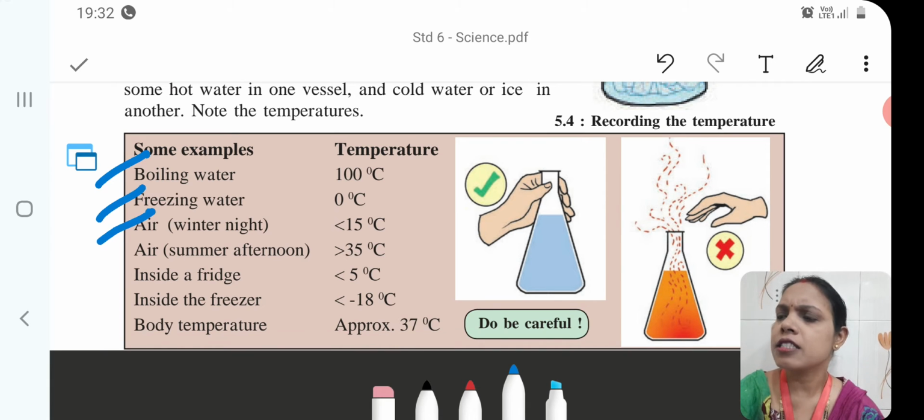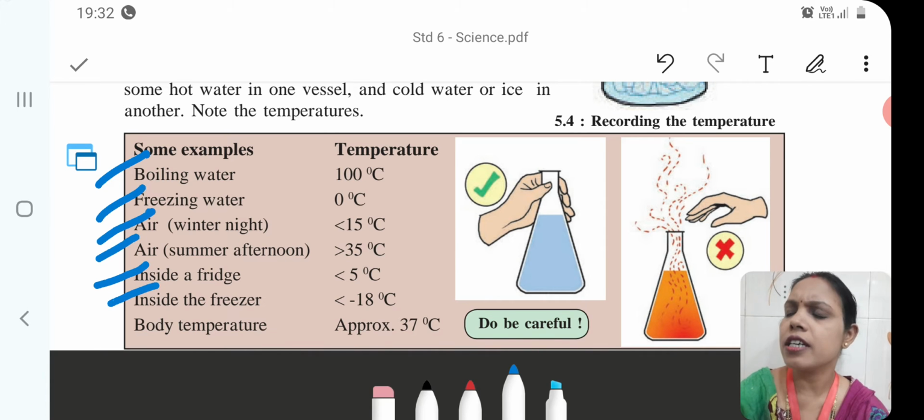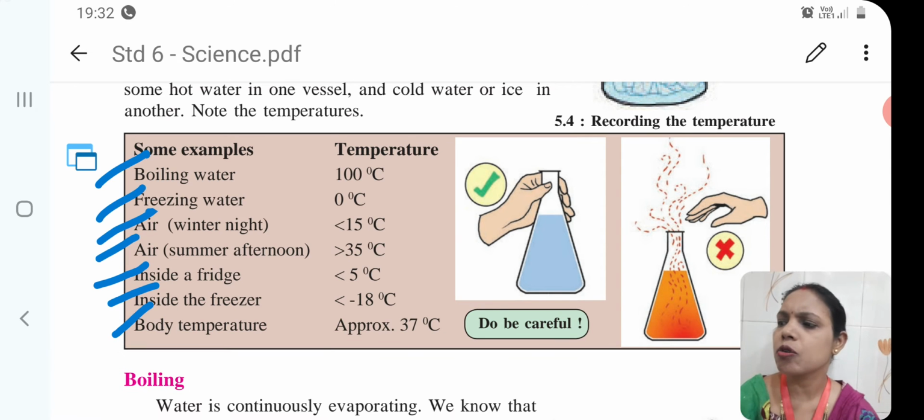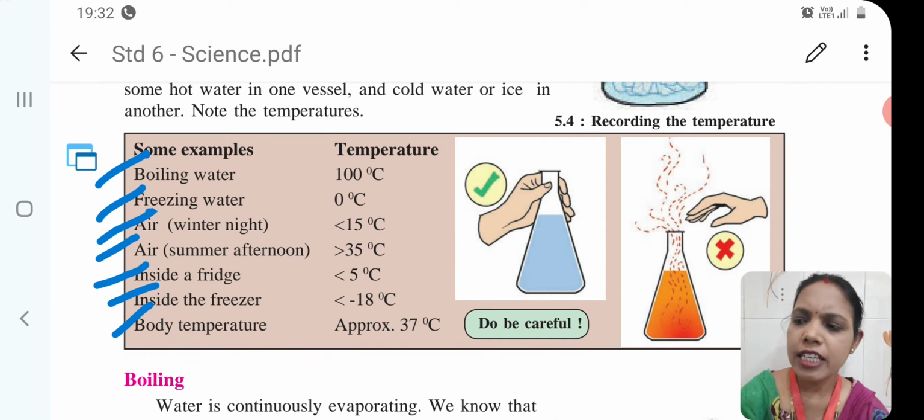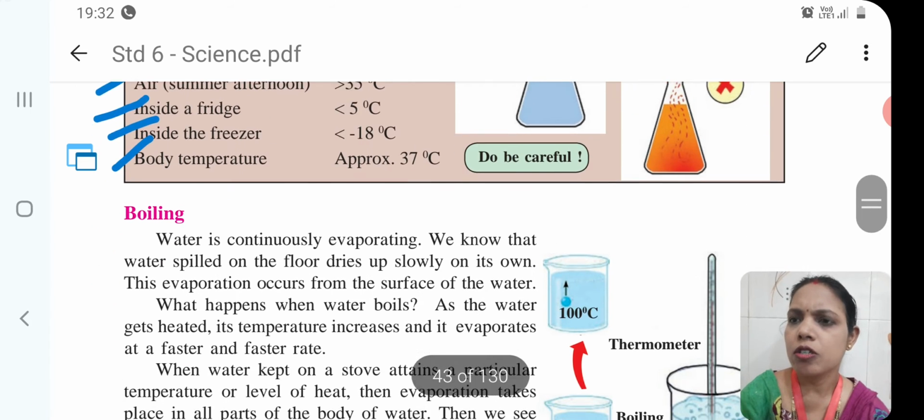Air in a summer afternoon, greater than 35 degrees Celsius. Inside a fridge, less than 5 degrees Celsius. Inside the freezer, less than minus 18 degrees Celsius. Body temperature, approximately 37 degrees Celsius. Now this one is related to temperature with different examples. Now the next topic we are going to start is boiling.